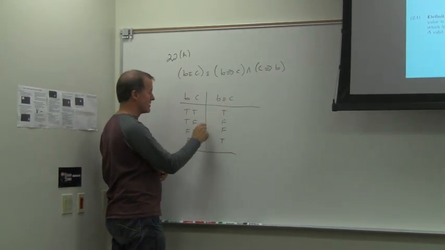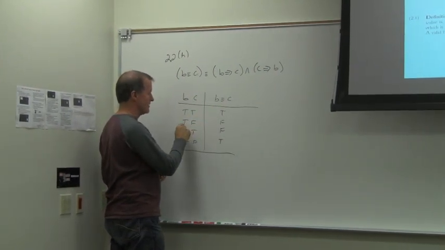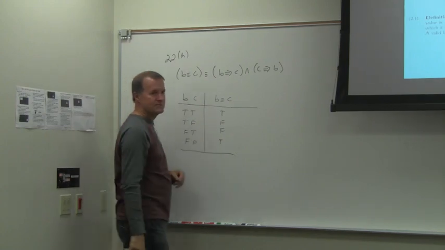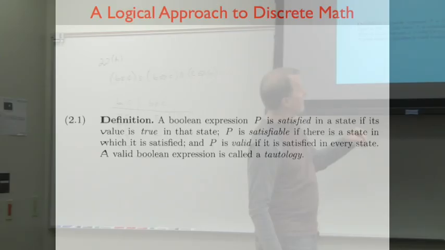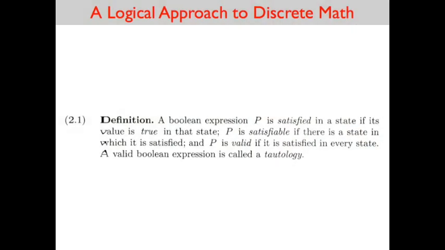It's not satisfied in the state B true, C false. So everybody see what satisfied means? Okay? P is satisfiable if there is a state in which it is satisfied. In other words, if you can find a state in which it can be satisfied, then it is satisfiable.